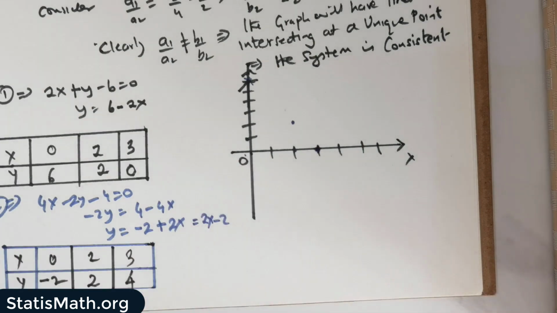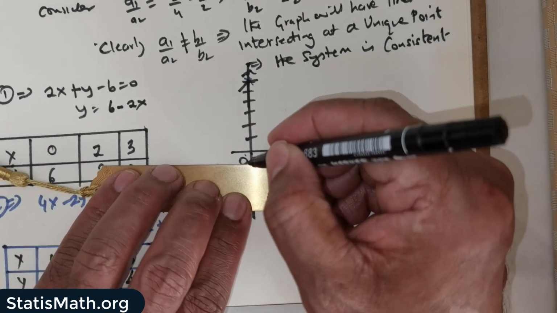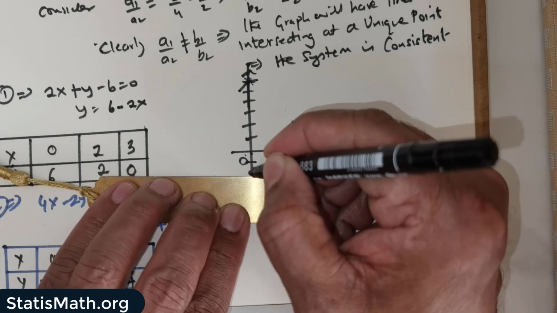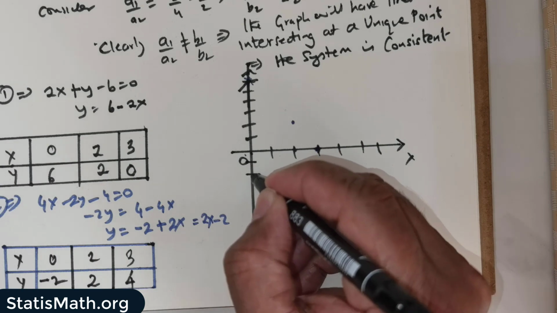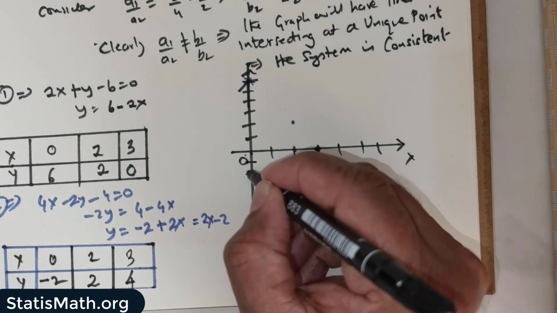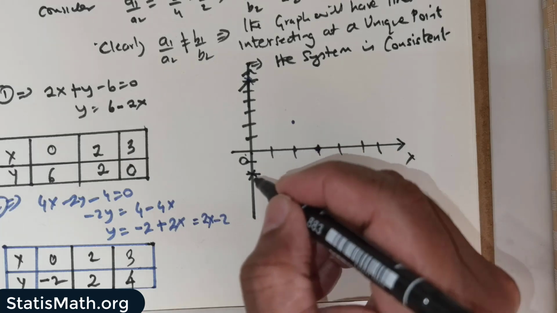So that means, 1, 2, minus 1, minus 2. So this would be the point 0 and minus 2. So there is a hit there.